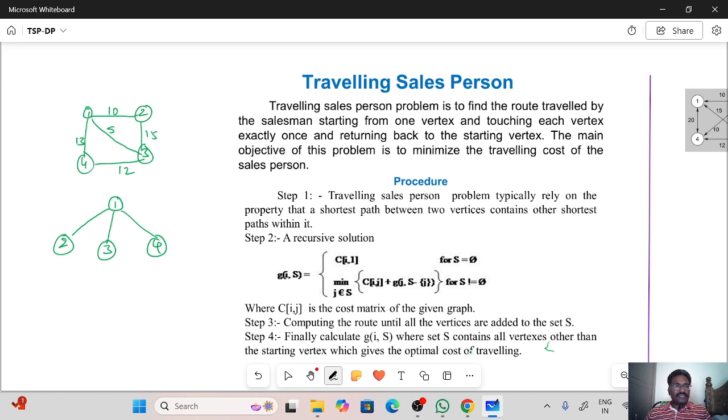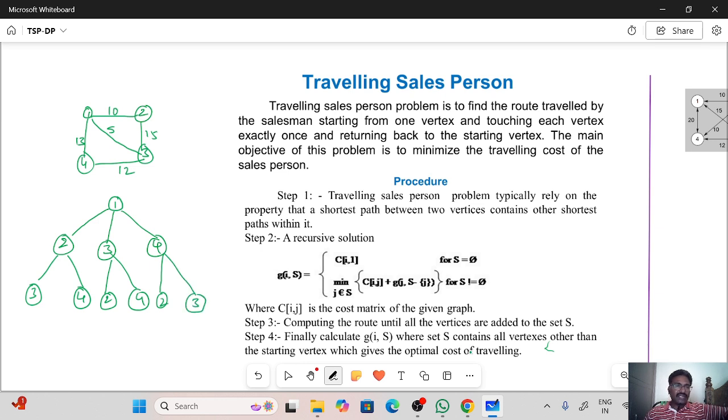If I visit vertex 1 and 2, it must be either 3 or 4. If I visited 1 and 3, it must be either 2 or 4. If I visited 1 and 4, it may be either 2 or 3.